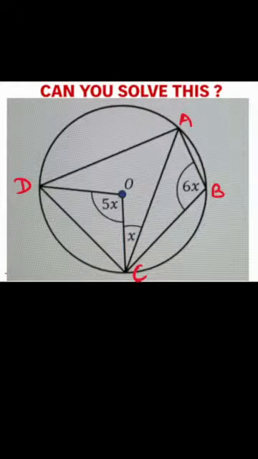He solved for COA, which is 180 minus 2x. DOC is already 5x. So DOA is going to be 180 minus 3x.